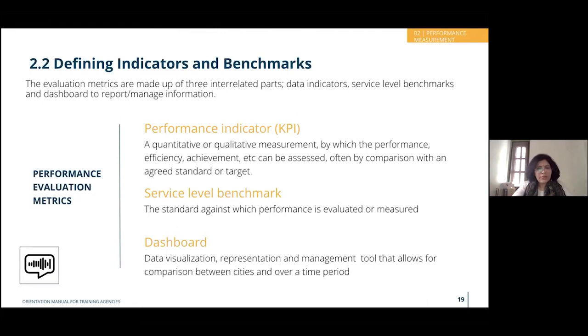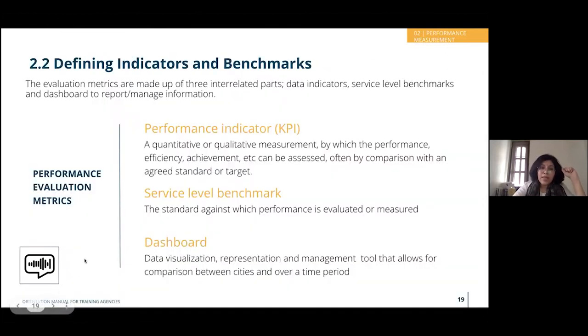I think it's 115 or something. I don't remember, but essentially there's a standard set, right? That this much LPCD is the standard that cities have to aim to achieve. So that becomes the service level benchmark. So an indicator, and then the next evaluation metric is the service level benchmark.